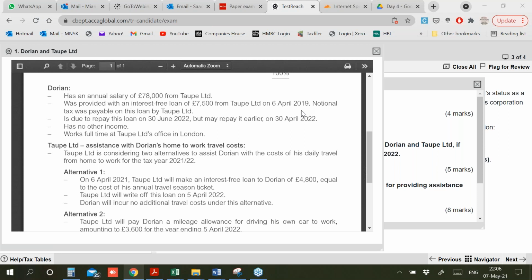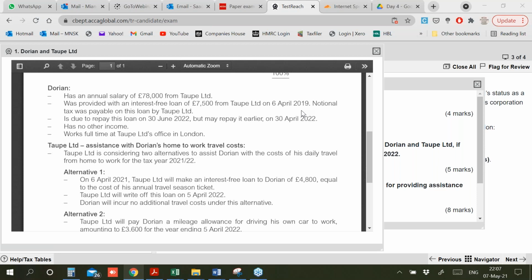Because of breaching that limit, all of the loan will become a taxable benefit, and we have to calculate whatever the taxable benefit is, and it will be added into D's salary, and 42% tax will be payable on that: 40% tax and 2% NI. But on benefits, NI is not applicable, only tax is applicable. So that is why I'll be taking 40%, because on non-cash benefits, no NI is payable. Rather, you only have to pay income tax.